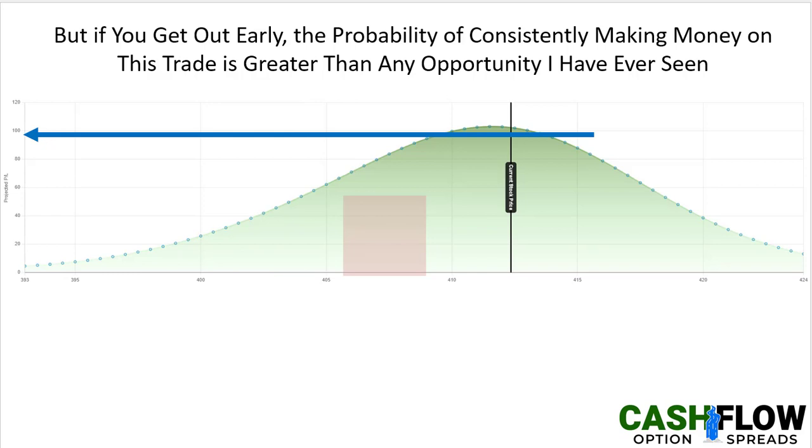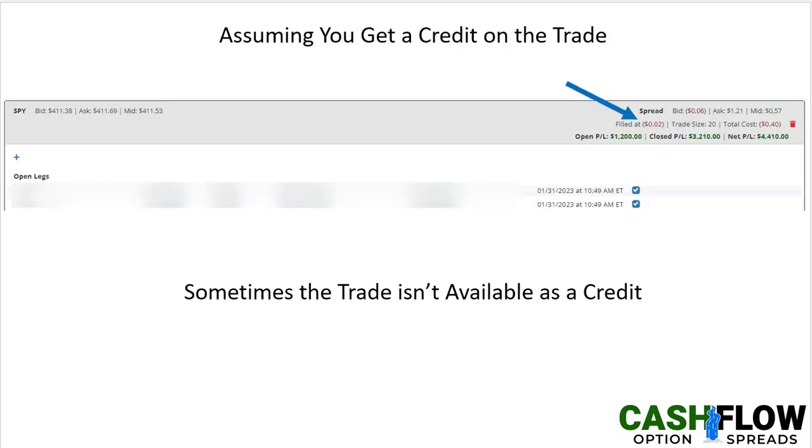And I'm not going to get into all of that. Nonetheless, I did want to show you this trade and show you how you can create just an astronomical probability. I can't say risk-free, but it's as close as you will ever get in a single trade or a single opportunity. So now, of course, that's assuming you get a credit on the trade.